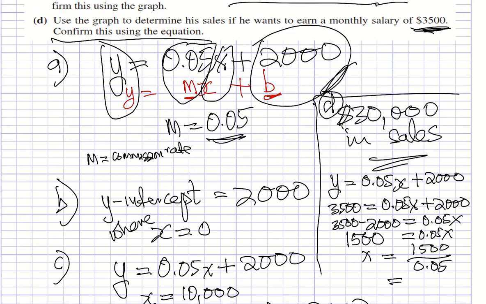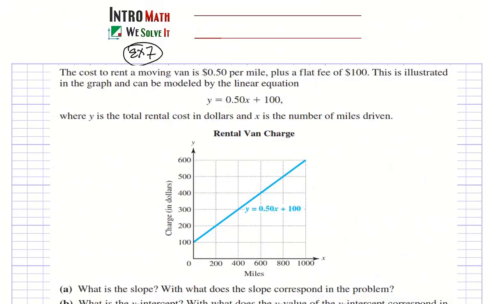If you allow a calculator, use a calculator. Divided by 0.05, you get 30,000. That's the same thing we got before, so we solved the problem. We are done with that one. Okay, here is the next one.